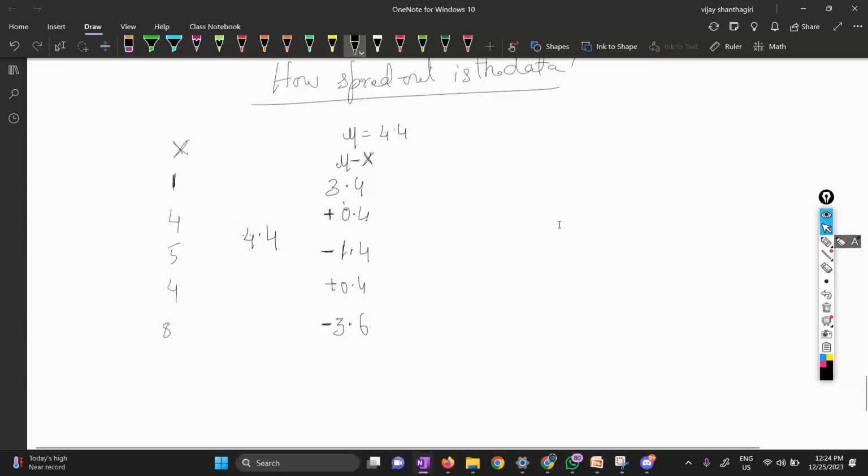So this is what it means, the difference: 3.4, 0.4, minus 0.6, 0.4, minus 3.6.